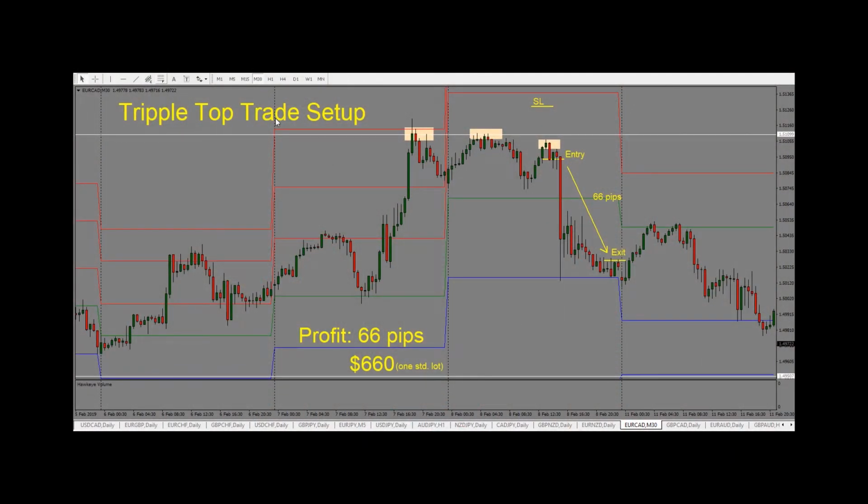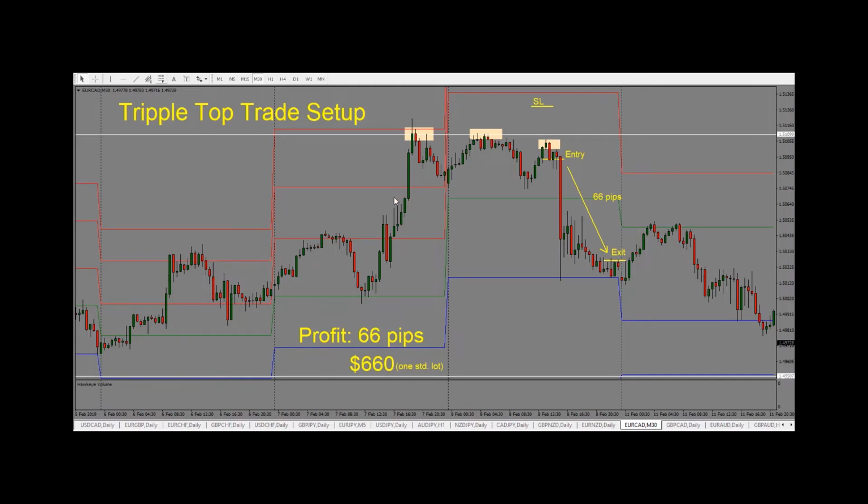Here we're looking at a triple top trade setup. This is EuroCAD 30-minute chart. A triple top trade setup is when price comes into a resistance level and then rejects that level 3 times.